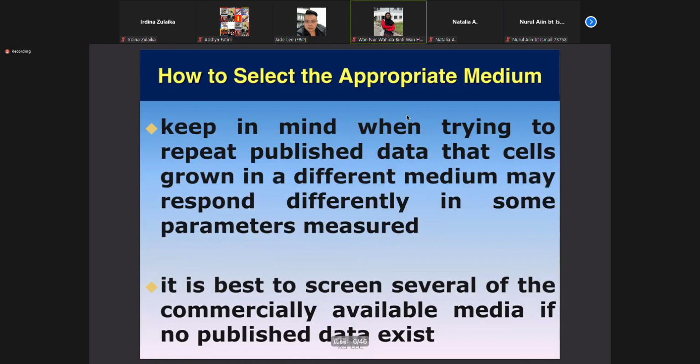So keep in mind when trying to repeat published data that cell growth in different media may respond differently to the same parameters measured. Or sometimes even though you follow the parameters in the published paper, it is not necessary that you can replicate the result. You got to remember that the chemical that you use, the brand of the chemical, and the batch of the chemical that's manufactured could be slightly different.